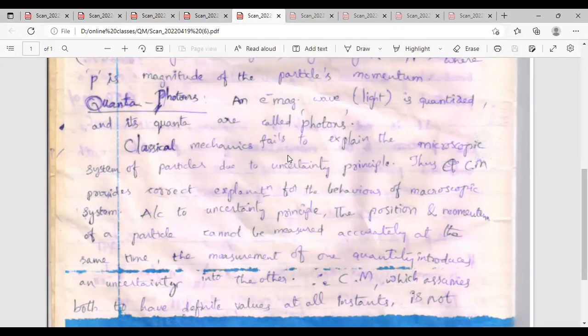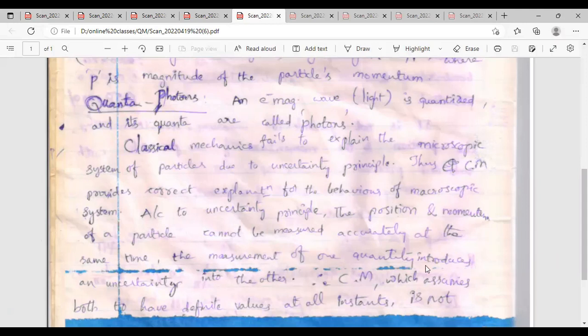Classical mechanics fails to explain the microscopic system of particles due to the uncertainty principle. Thus it can provide a correct explanation only for the behavior of macroscopic systems. According to the uncertainty principle, the position and momentum of a particle cannot be measured accurately at the same time.